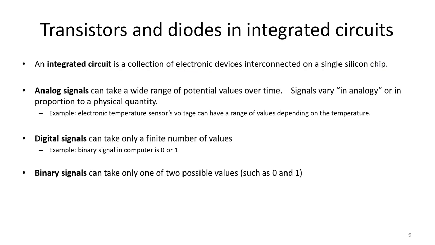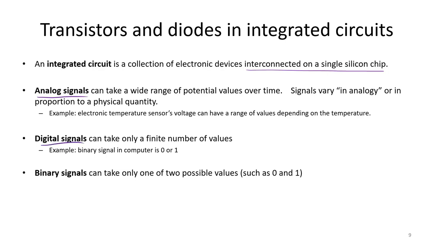So first, let's define a couple important terms. You'll remember before that an integrated circuit is defined as a collection of electronic devices interconnected on a single silicon chip. We mentioned how this makes our circuits a lot more robust and compact, and makes it a lot easier to take these circuits and combine them with other parts into a finished product. We've also previously introduced analog and digital signals.